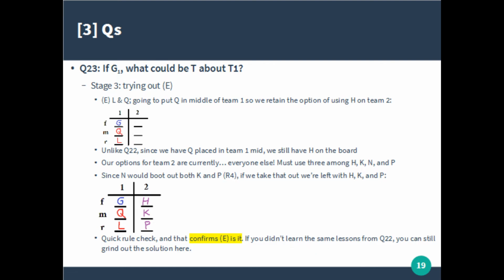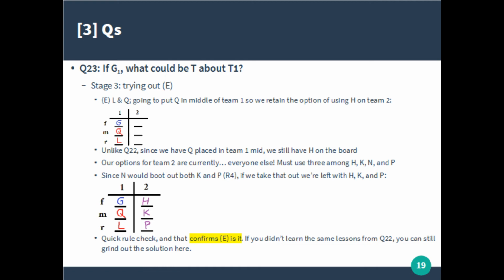So again, remembering that question 23 was if we put G on team 1, what could be true about the rest of team 1? We are now going to try out answer choice E directly because, like I said on the last slide, I figured it would just be nice and convenient for me if Q was on team 1 as well as L being on team 1.